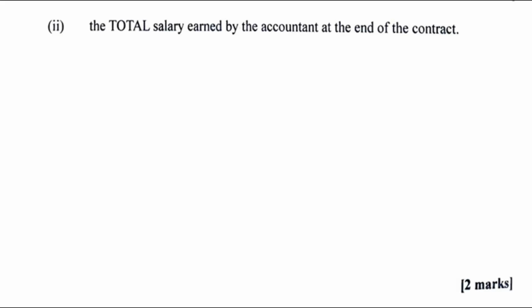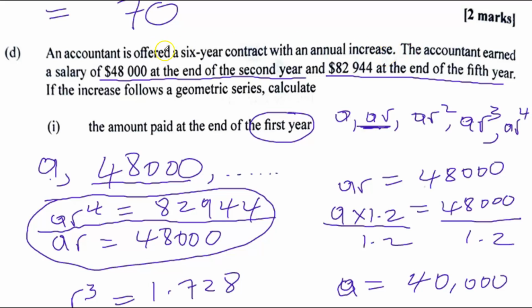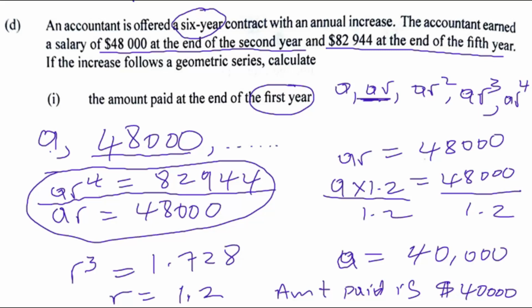And in part C, we are told to find the total salary earned by the accountant at the end of the contract. Now, how long was the contract? The accountant is offered a 6-year contract. So we're to find the amount paid at the end of the contract. We need to find the sum of the first 6 terms. For this geometric series, the sum of the first n terms is A into 1 minus R to the n over 1 minus R. So we can use that formula.